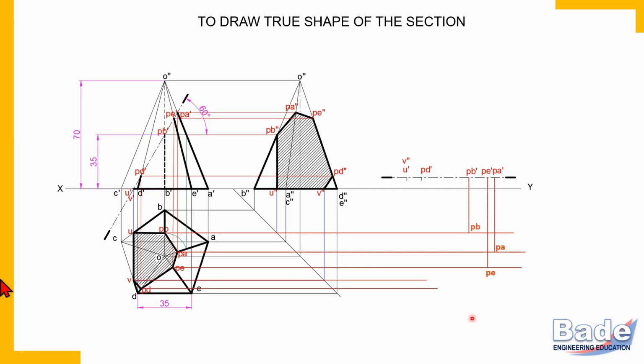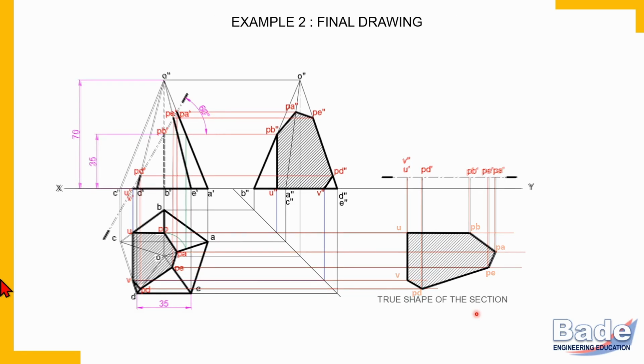And this is how we'll get all the 6 corners of the section for the true shape. Join these points to form a closed polygon and draw hatches. So this is the final drawing.